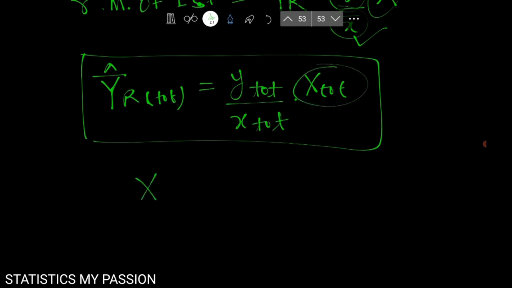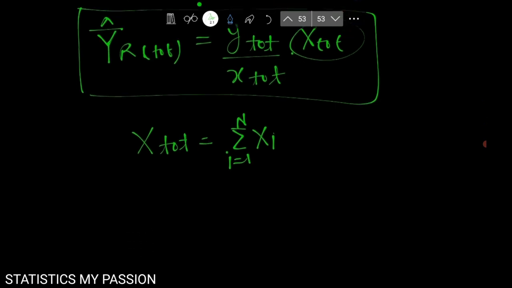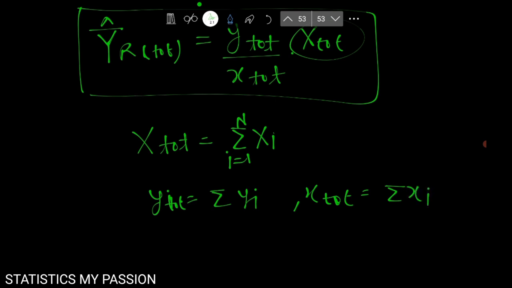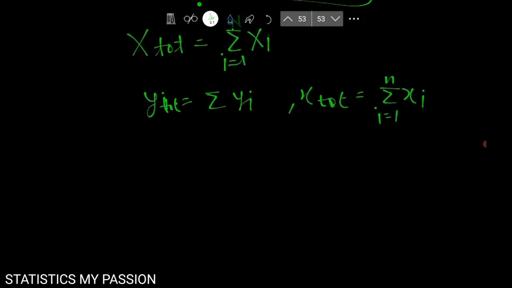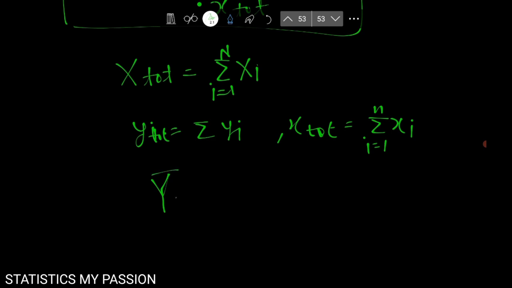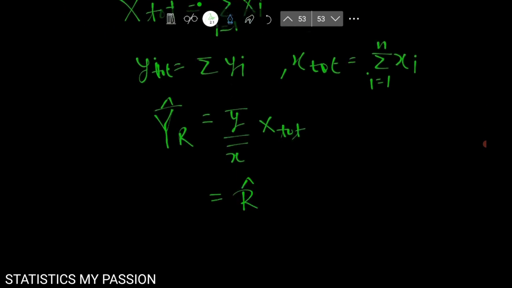And what is the x total? x total is equal to sigma xi over i to n, y total is equal to sigma yi, and x total is equal to sigma xi over i to n. Now r is equal to y bar upon x bar, and r cap x total. So this is the final formula of the ratio method of estimation.